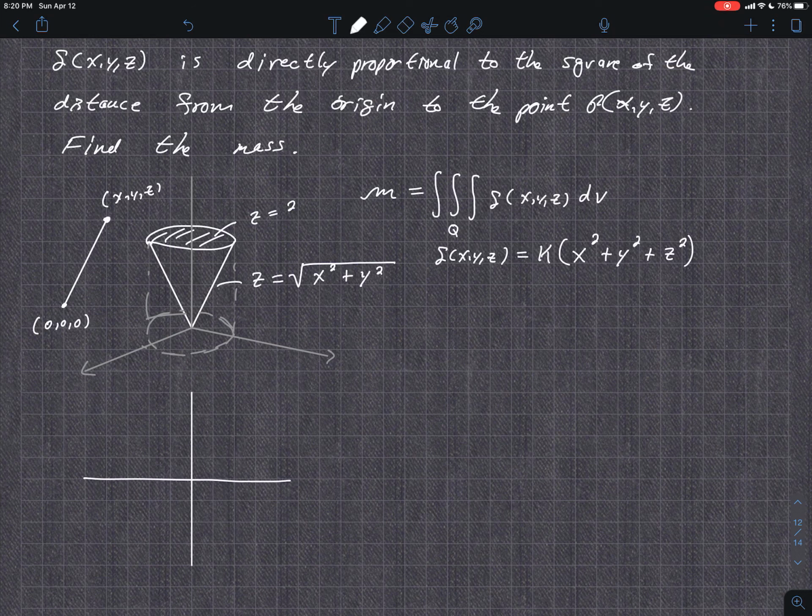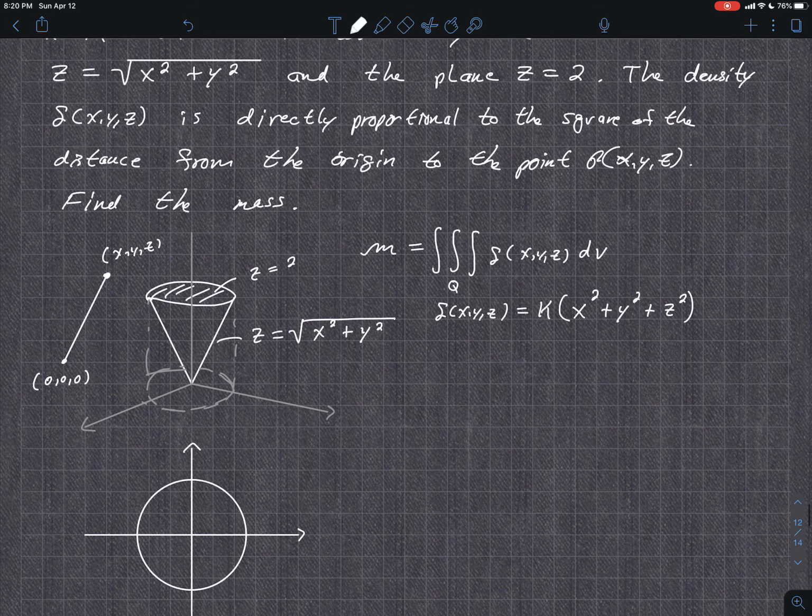So that's a circle that you're integrating around in 2D. Now you have that as a circle.